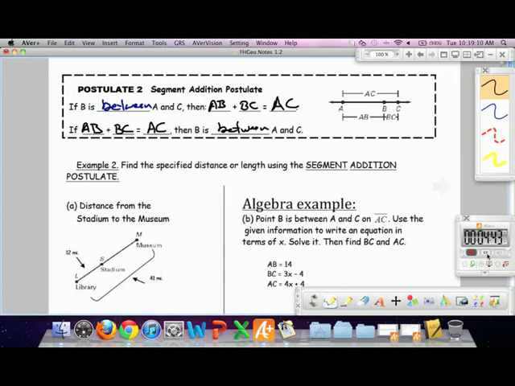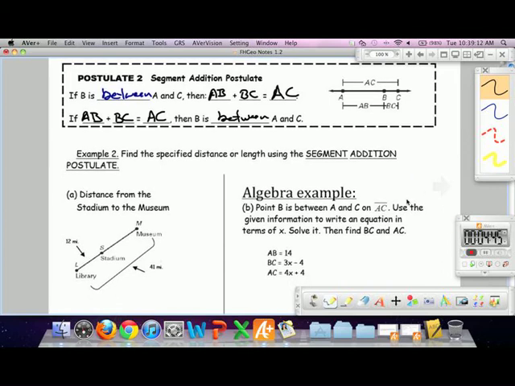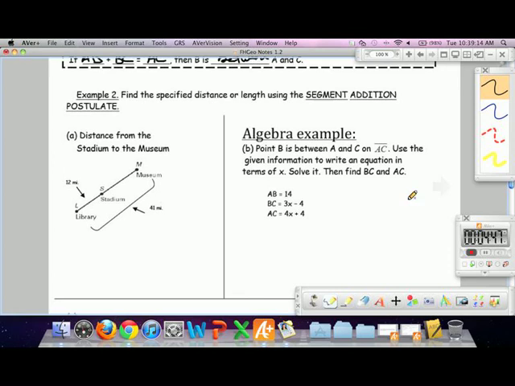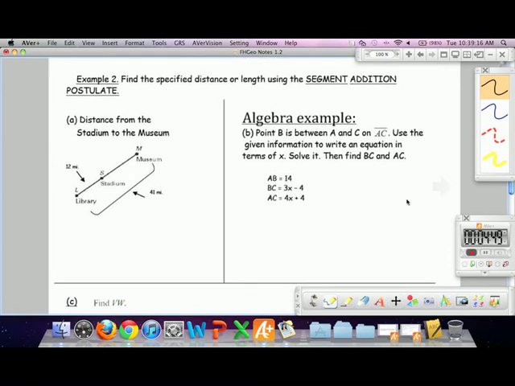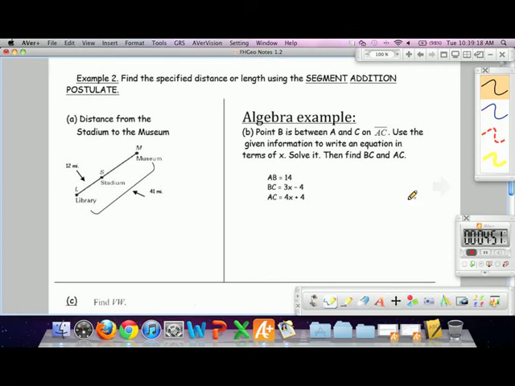So in particular, if you have a diagram like this, we have the library at point L, and then farther down the road, 12 miles, is the stadium. And then farther down the road, somewhere else, is the museum. We know that the full distance, all the way from the library to the end, is 41 miles.